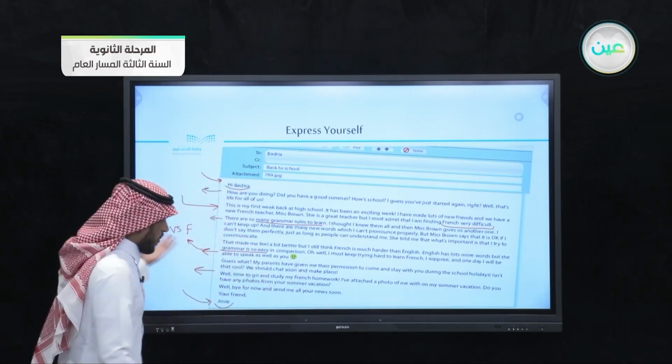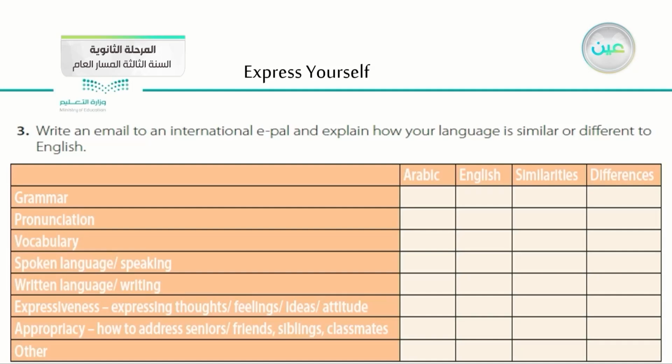So you can use this chart. You can draw this chart in your book and use the criteria we have here: the grammar, pronunciation, vocabulary, spoken language or written language, expressiveness, feelings, ideas, attitude, expressing thoughts, appropriacy, how to address seniors, friends, siblings, classmates, and others.